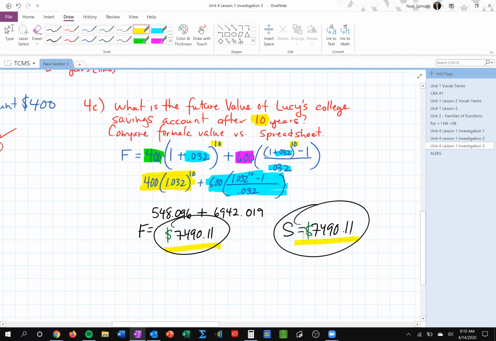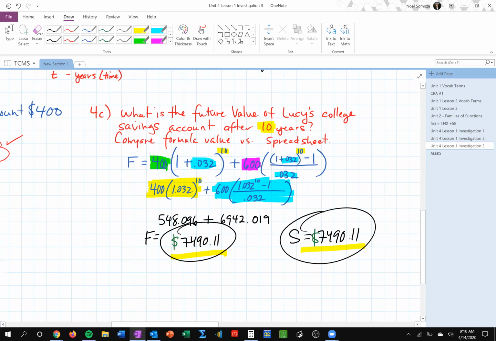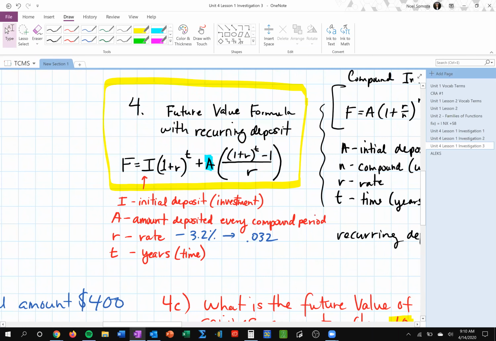They're off by very small decimal numbers, but not enough to affect it. So what we see is that we have a pretty accurate formula that we can use whenever we have a scenario where a person initially deposits something, but then every compound period they keep depositing money. All right. Any questions about that so far?